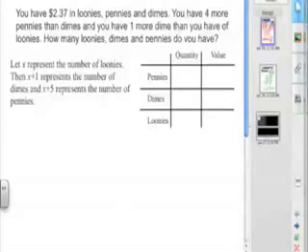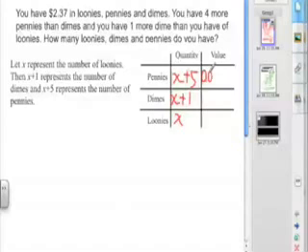As you can see on this table on the right, we have the quantity and the value. For the pennies, the quantity would be x plus 5, followed by the dimes, which would be x plus 1, and finally the loonies, which would be represented by x.